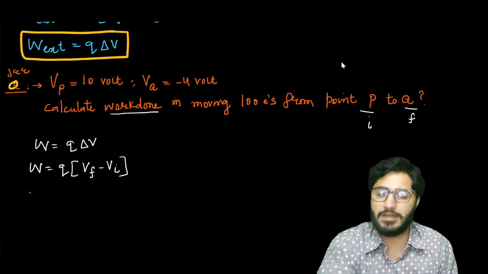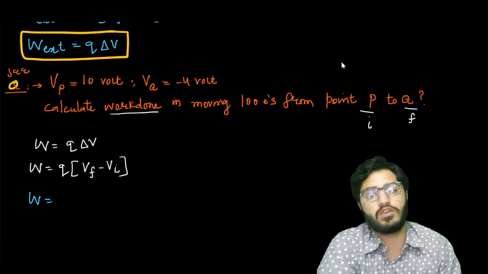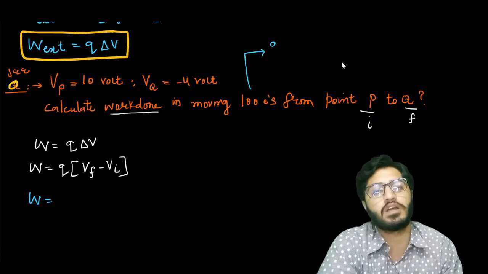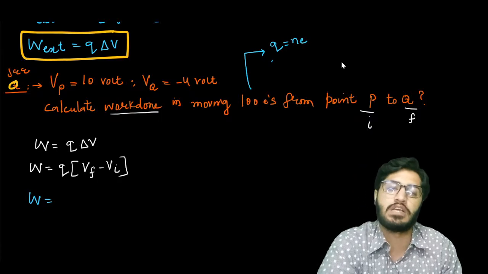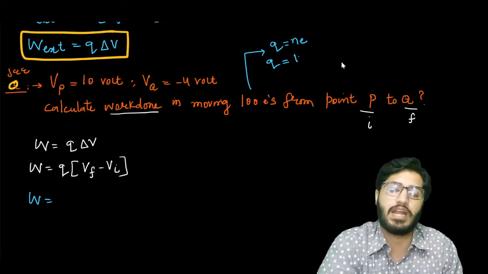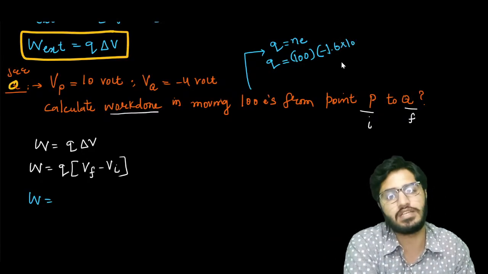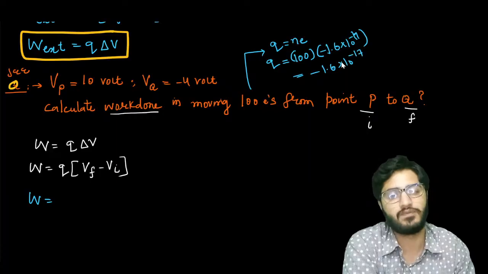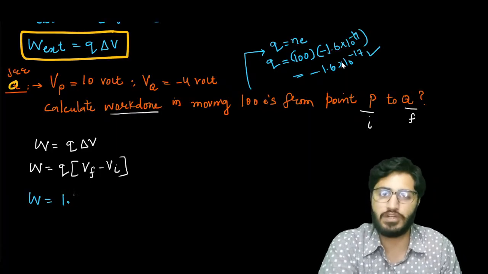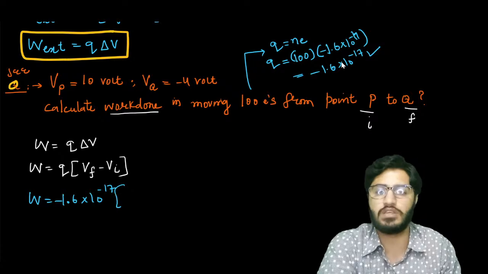So I can write W equals Q. What is Q? We don't know. Here we have 100 electrons. We know one formula, Q equals nE. What is n? n equals 100 electrons. What is E? E means charge, minus 1.6 times 10 to the power minus 19. So it is minus 1.6 times 10 to the power minus 17 charge. V final means VQ, which is minus 4.